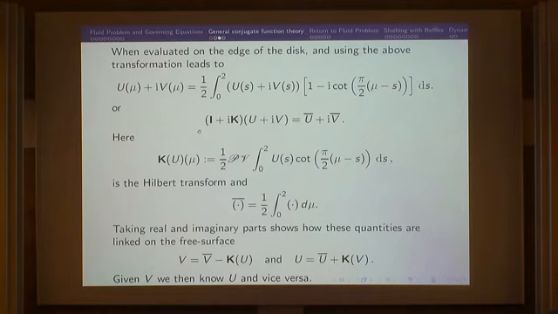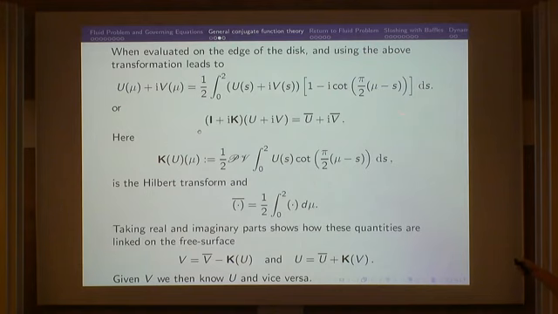Again, you write down Cauchy's theorem. It now has a contribution from the free surface on the outer edge of the unit circle, and a contribution from the bottom on the inner circle. So you now have two equations, but that again must be true on the outer disk and on the inner disk. So you do the same process.